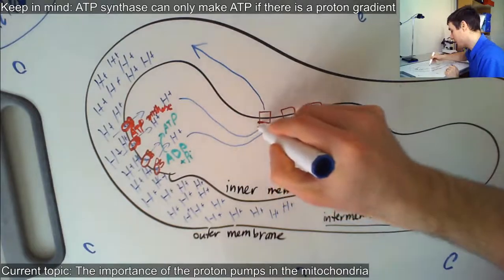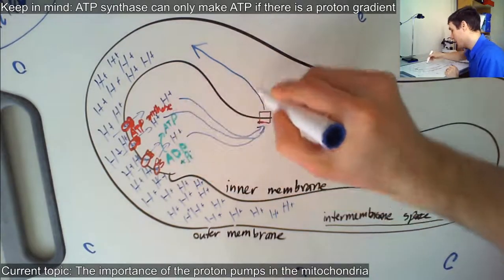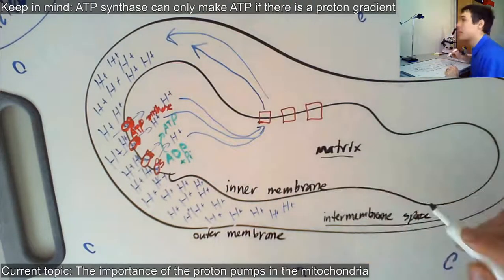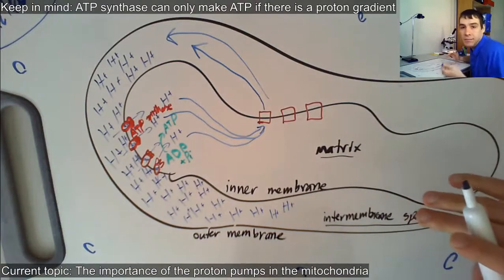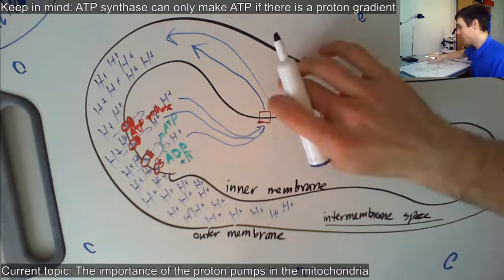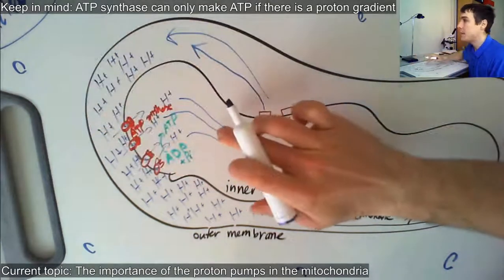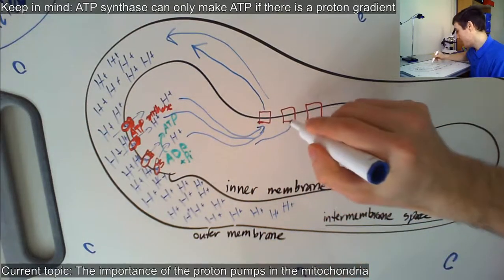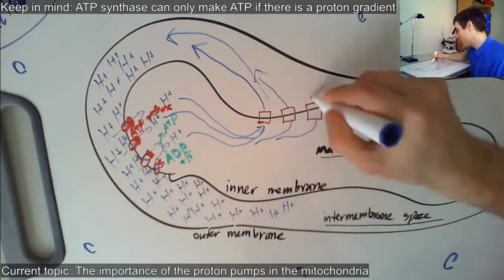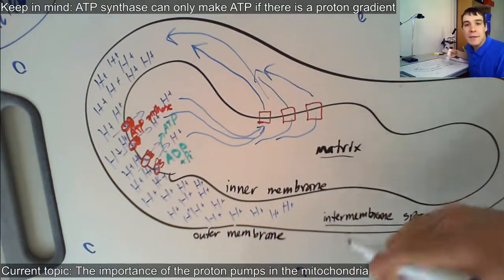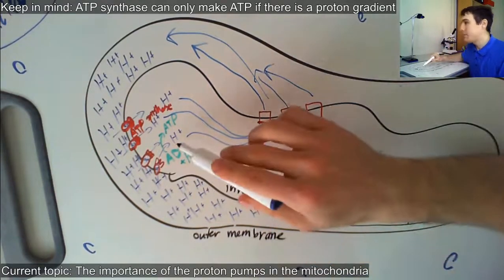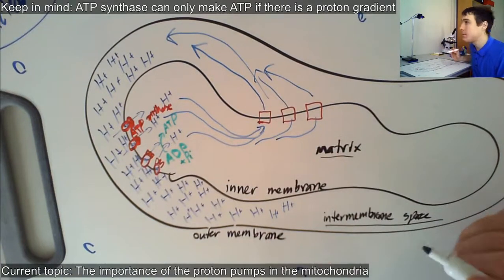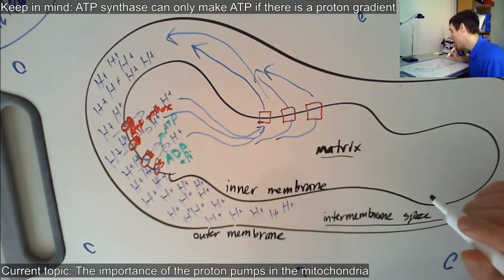So basically, they recharge the gradient, keeping this high, keeping this low, and making sure that there's a driving force to make that turbine move. And when the turbine moves, we get ATP, and our cells use that to do all kinds of things.